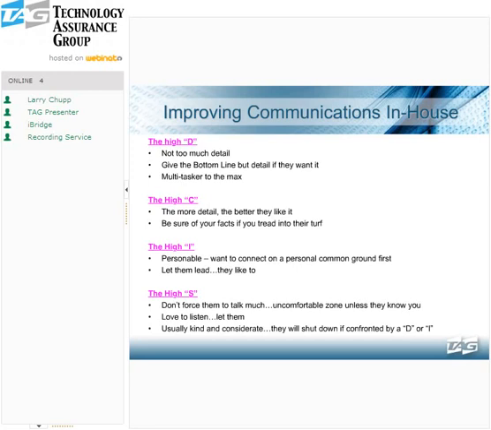Don't ask them to do that because it just won't end well. They love to listen. Let them listen. They also like harmony in the workplace and at home. They're usually very kind and considerate, but they will shut down if they're confronted by a D or an I. They will literally shut down. They might even shed a few tears, which is a good possibility.